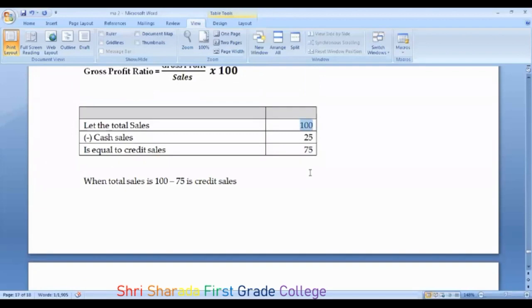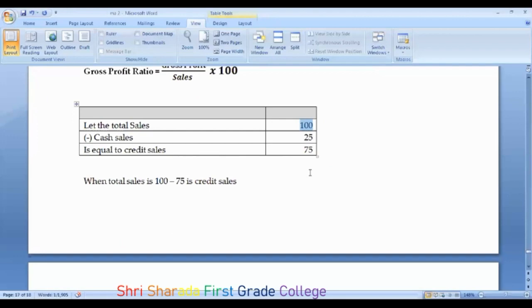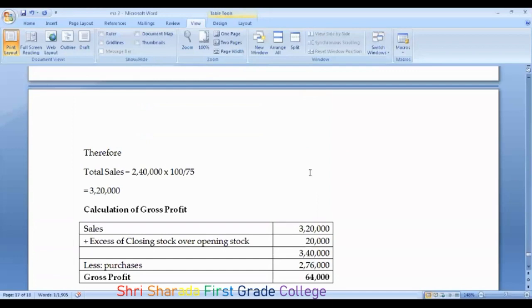So here, what is the information that we will be computing? You got 2,40,000 into 100.